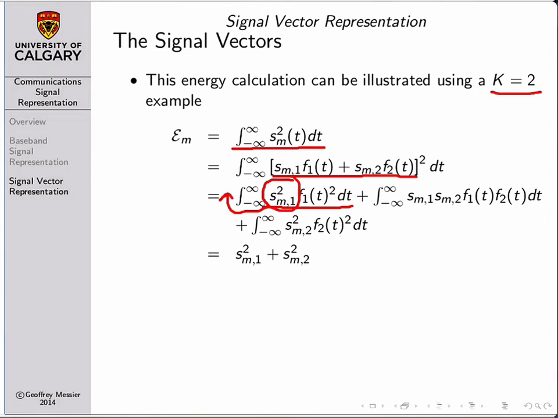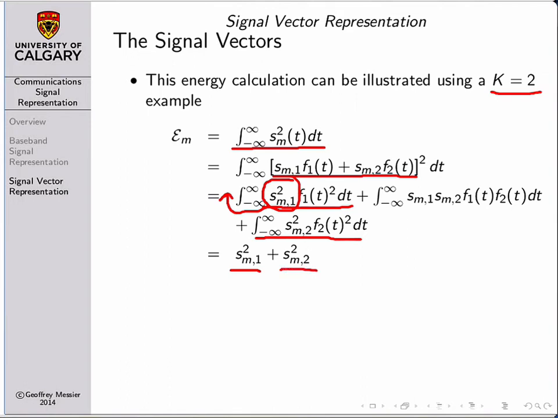So if you square them and integrate, you just get 1. And so the integral of F1 squared is just equal to 1. Then all we have left is SM1 squared. Exactly the same thing happens with the third term in the equation, which ends up just being equal to SM2 squared.